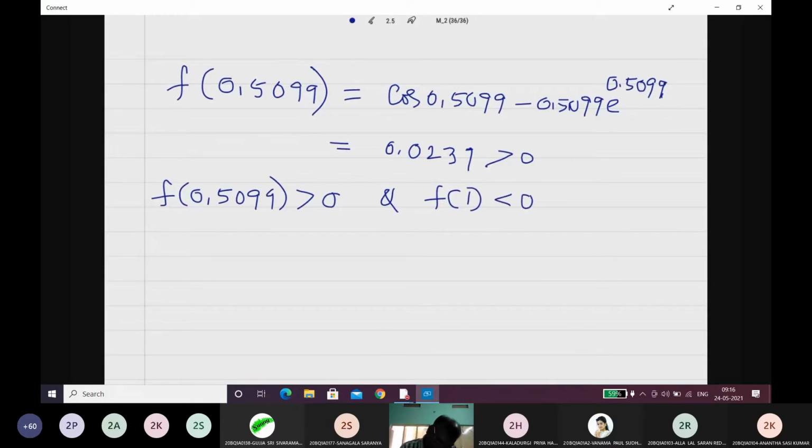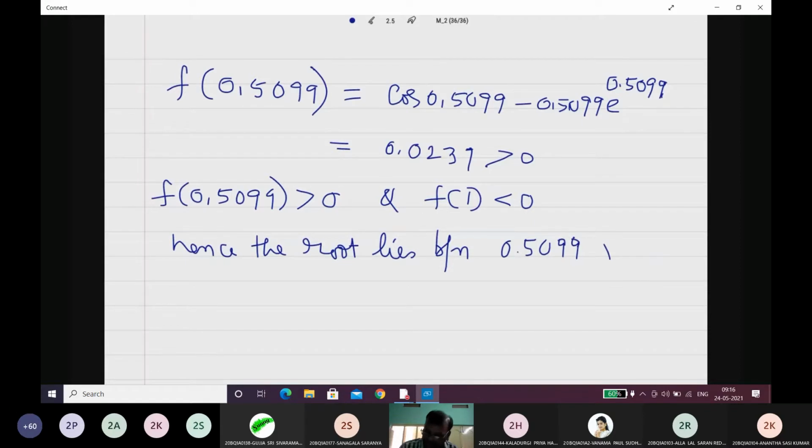Hence the root lies between 0.5099 and 1. This is A and this is B.